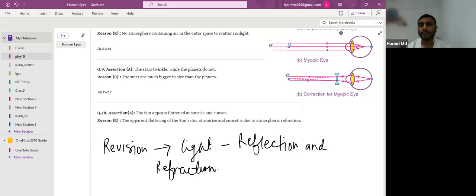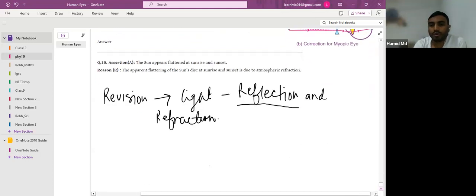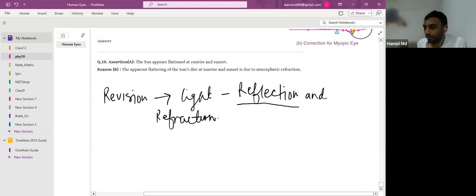What about refraction? What about reflection? Recall, Madiha, what is your response? Reflection.